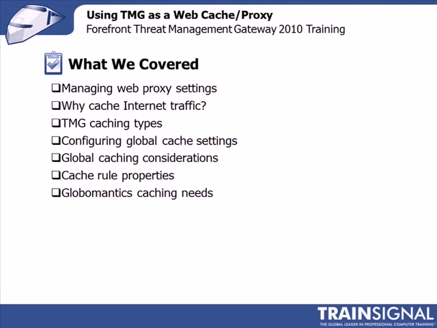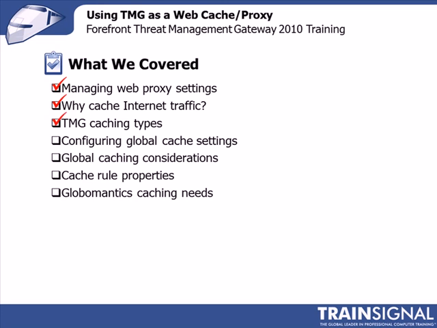We started this lesson by talking about managing web proxy settings, but we mainly pointed back to the client lesson because that's really where we configured many of the things that are necessary for the proxy portion of Threat Management Gateway to operate. We then discussed some reasons why you would cache internet traffic, and those include cost savings and user productivity.